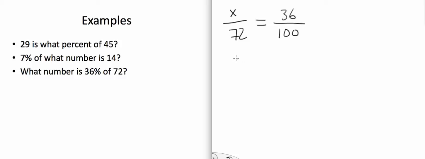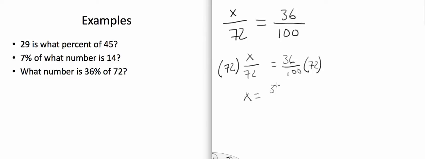To solve this, we multiply by 72 on each side. And when we multiply by 72, we have x equal to 36 times 72 divided by 100. Then we type this into our calculator, and our final answer is 25.92.